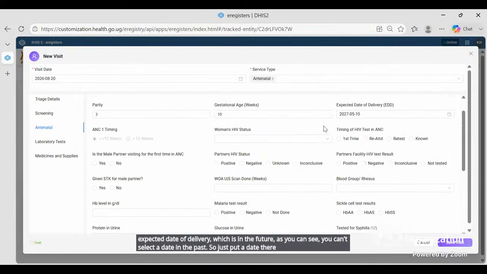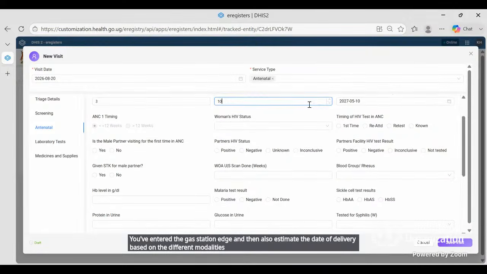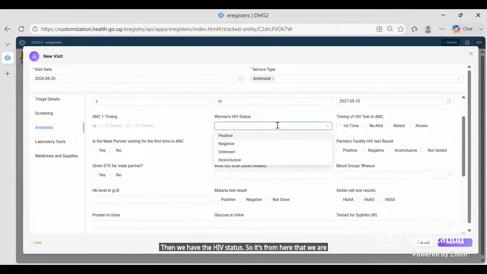But we expect that as the midwives are attending to these mothers, make sure that you've entered the gestation age and then also estimate the date of delivery based on the different modalities as you've been doing it in the registers and recording. And then we have the HIV status. So it's from here that we are picking whether you are newly tested HIV positive.